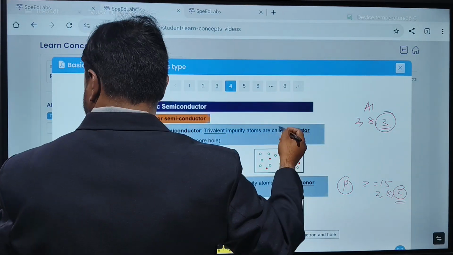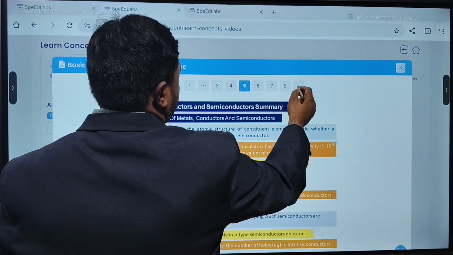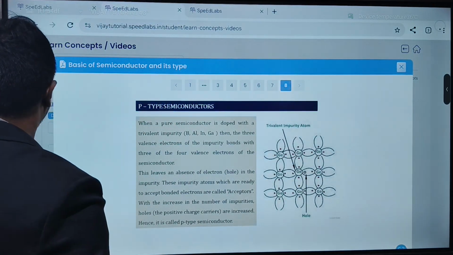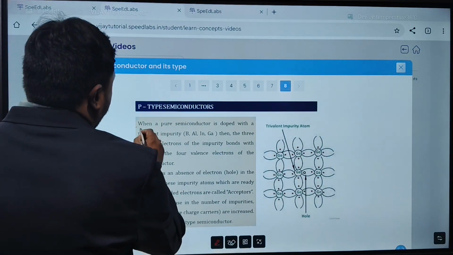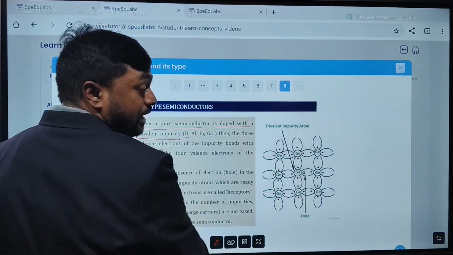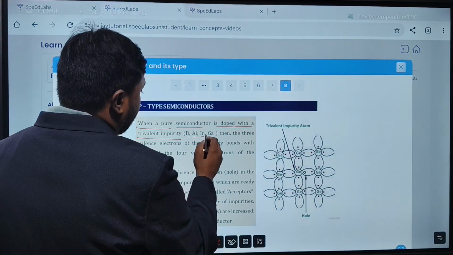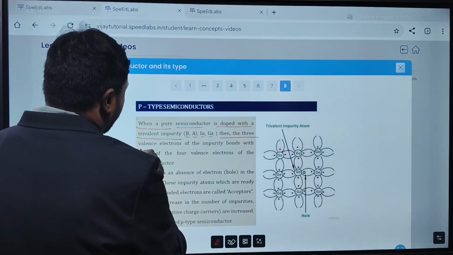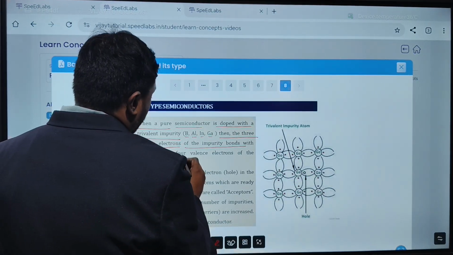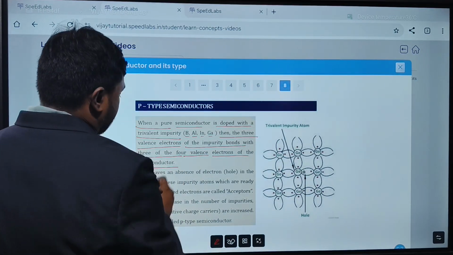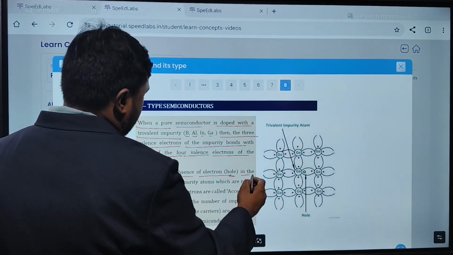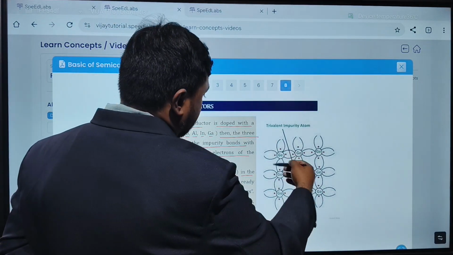Here we can see the details of the p type semiconductor. When a pure semiconductor is doped with trivalent impurities like group 13 elements, as I told you, boron, aluminum, indium, gallium, then the 3 valence electrons of the impurity bond with 3 of the 4 valence electrons of the semiconductor. This leaves an absence of an electron, that is a hole, in the impurity. You can see germanium is there.